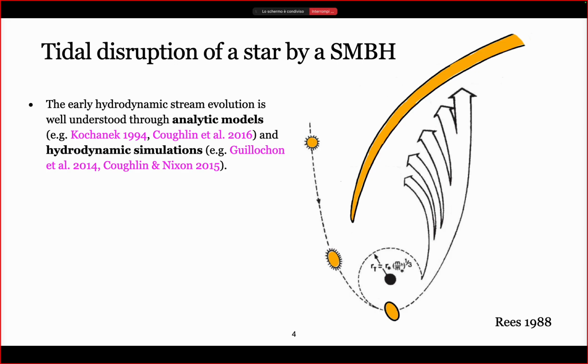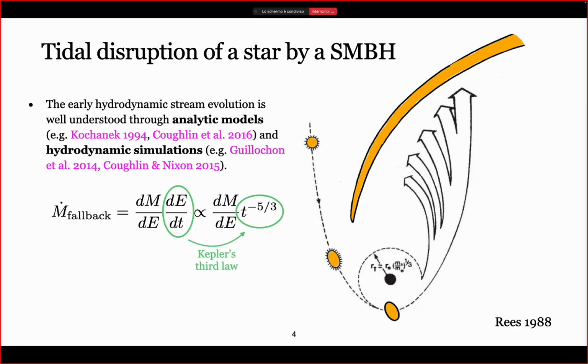So the hydrodynamic evolution of the stream during these early parts of the evolution is quite well understood. And one of the main analytic predictions, which has been confirmed by numerical simulations, is that the rate at which the mass in the stream comes back goes like time to the minus 5/3 times a term, dM/dE, which describes basically how the orbital energy is distributed across the star.